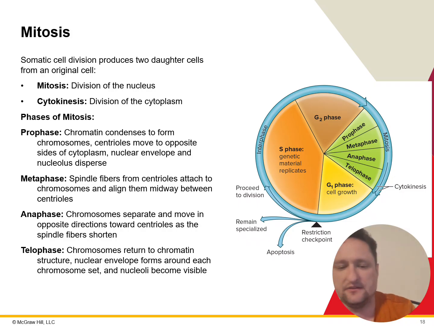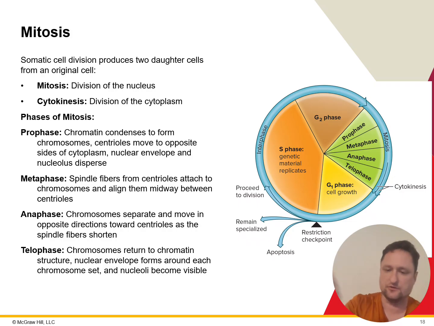In the final phase, telophase, brand new nuclear envelopes form around each set of chromosomes, and the chromosomes begin to unwind back into chromatin. Mitosis ensures that each daughter cell receives a complete and identical set of genetic instructions. Now that is what happens when it all works perfectly. We have two cells.